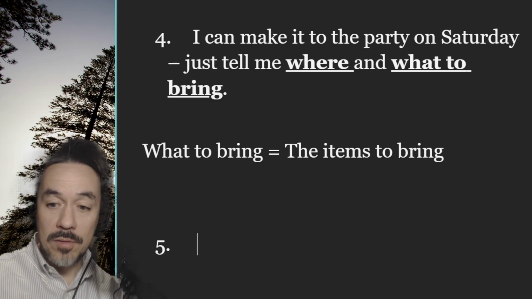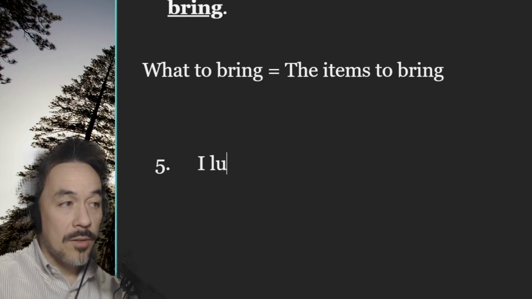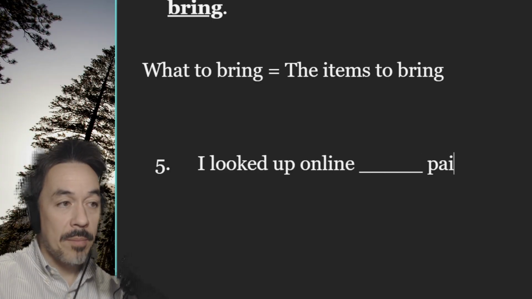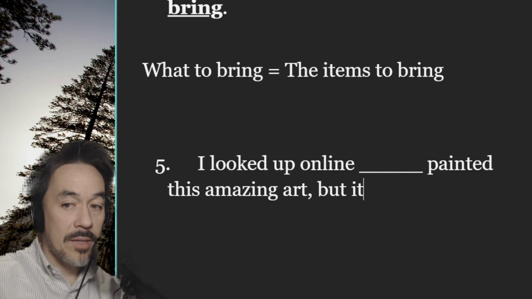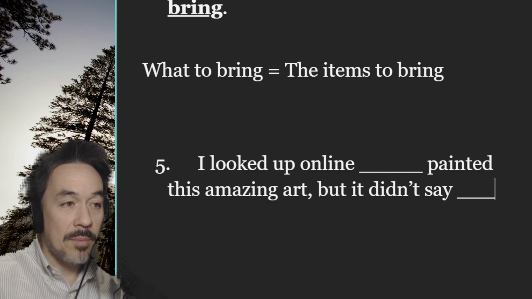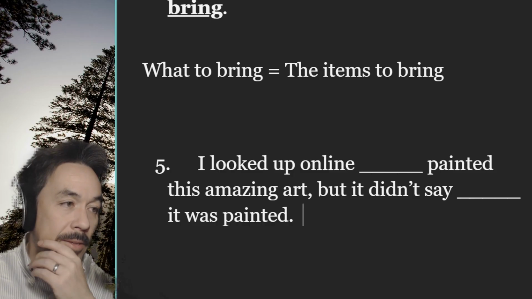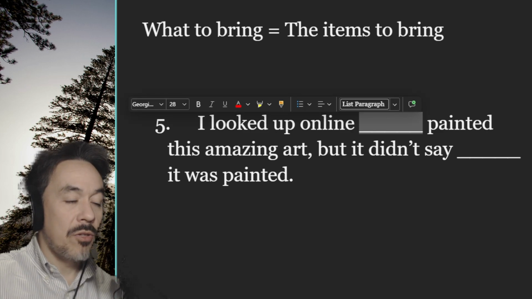Number 5. Last one. I looked up online, blah, blah, painted this amazing art, but it didn't say blah, blah. It was painted. So let's see. I looked up online, blah, blah, painted. This is going to be a human painter.